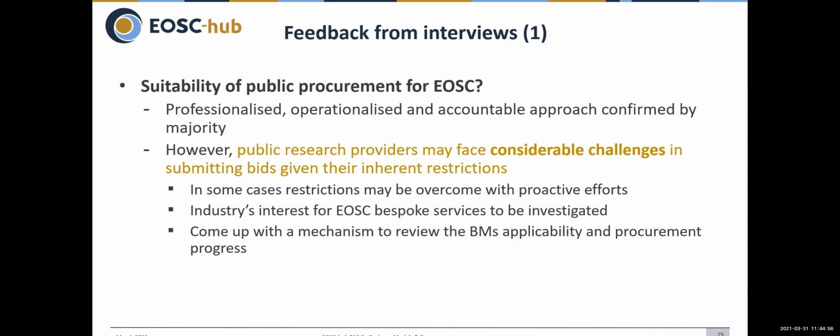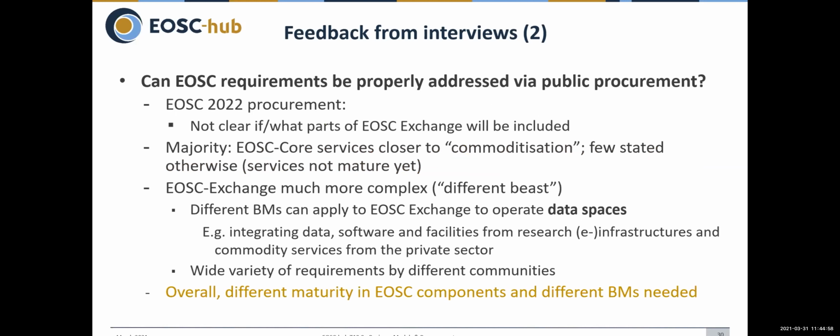The second main point was whether EOSC requirements can be properly addressed via public procurement. First of all, it was raised that it is not clear which parts of EOSC Exchange will be included. There is this platform as a service with computing and storage and so on services, and also the software as a service. Probably some parts of EOSC Exchange are there, but it's not very clear.